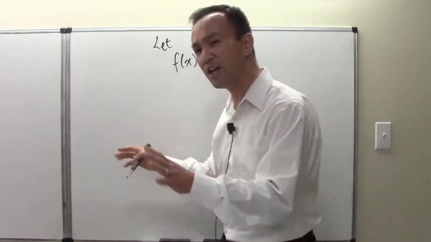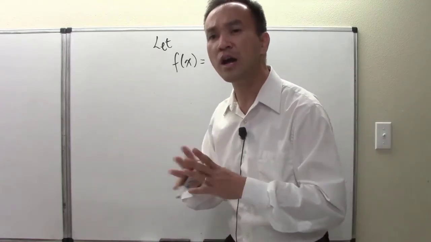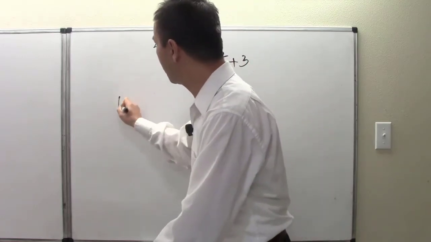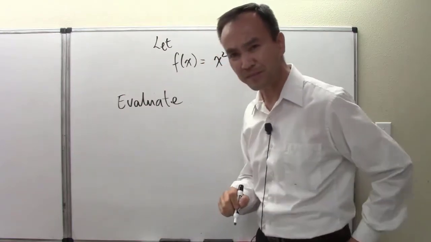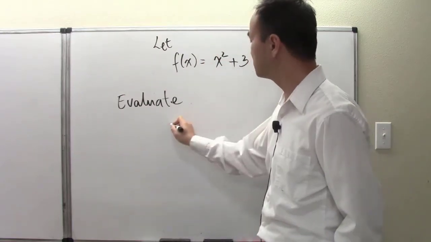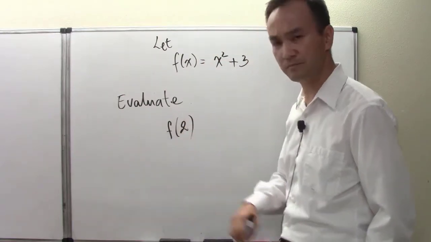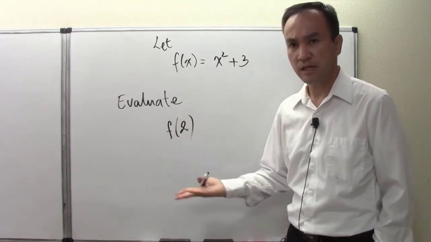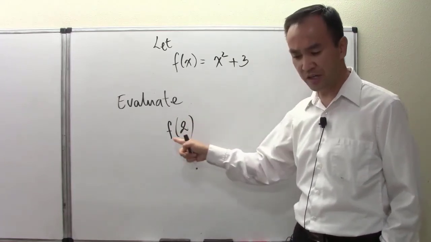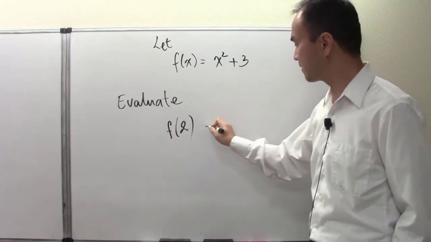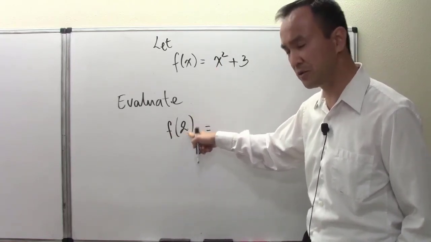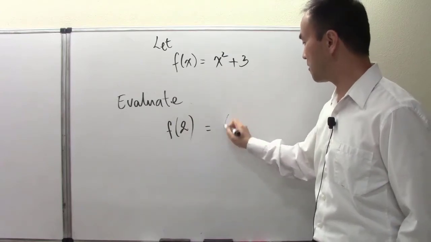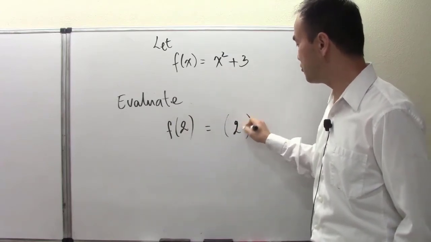So now, let's write down some instructions of what to do with this function. How about we want to evaluate, this is easy, f of 2. Nothing challenging. This is the input, so we substitute 2 into the input, and I'm going to have 2, all squared.